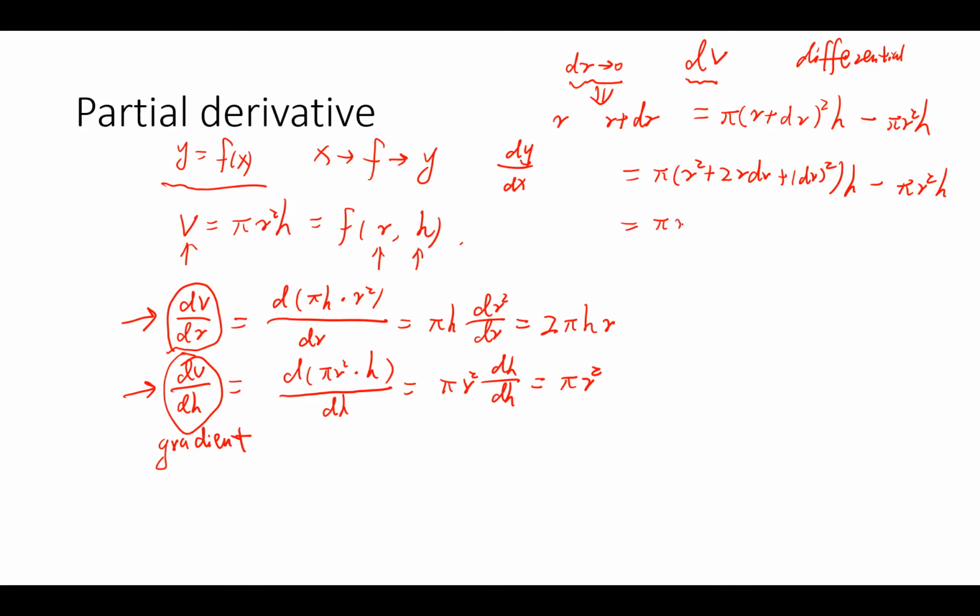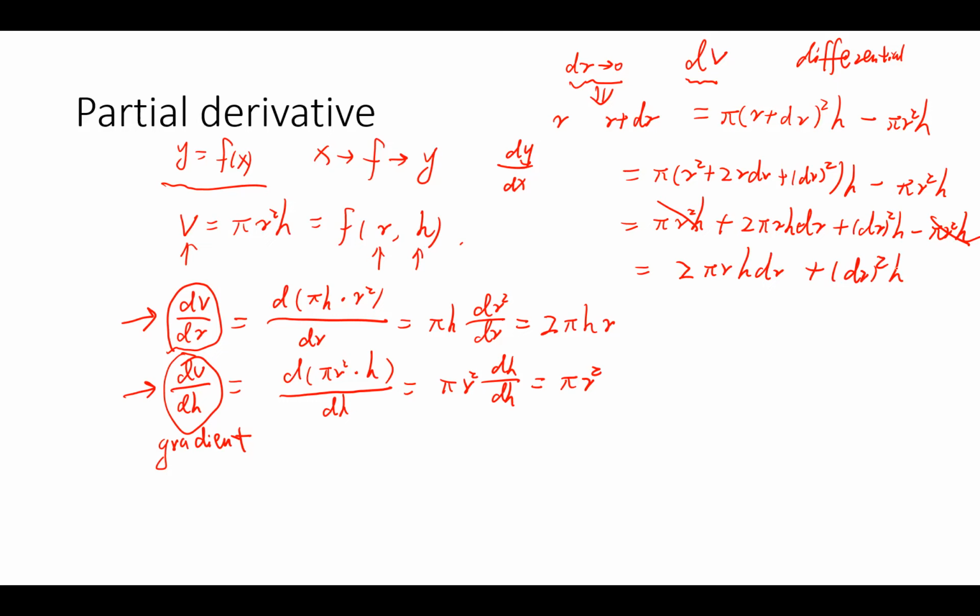So it's going to be pi r square h plus 2 pi r h dr, right? And then plus dr square h minus pi r square h. Okay, so now it's clear. There's one term that can cancel each other, which is this one. What we have is 2 pi r h dr, then plus dr square multiplied by h.